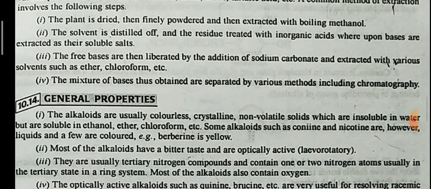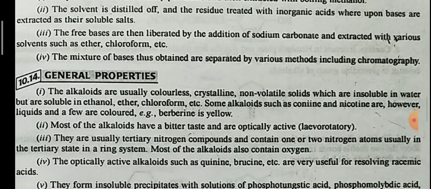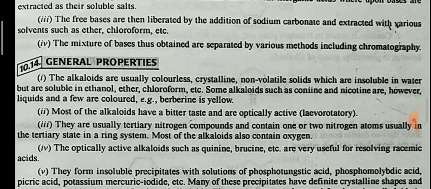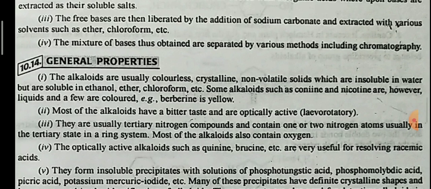The solvent is distilled off and the residue treated with inorganic acids, whereupon bases are extracted as their soluble salts. The free bases are then liberated by the addition of sodium carbonate and extracted with various solvents such as ether, chloroform, etc. The mixture of bases thus obtained are separated by various methods including chromatography.